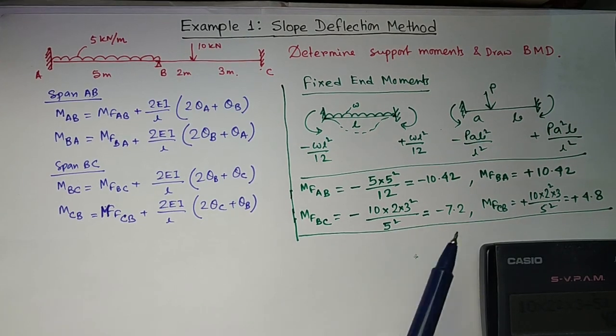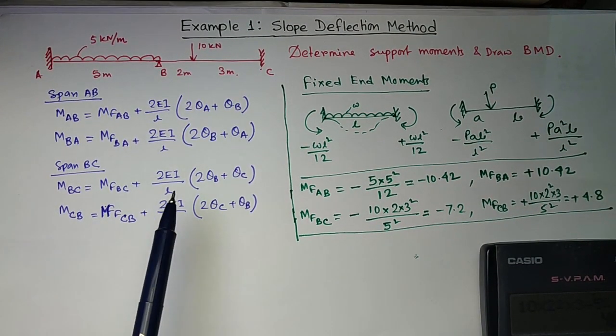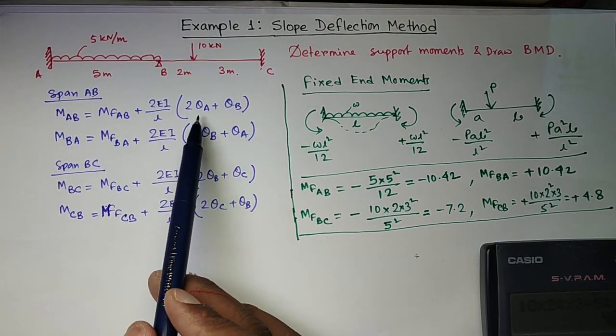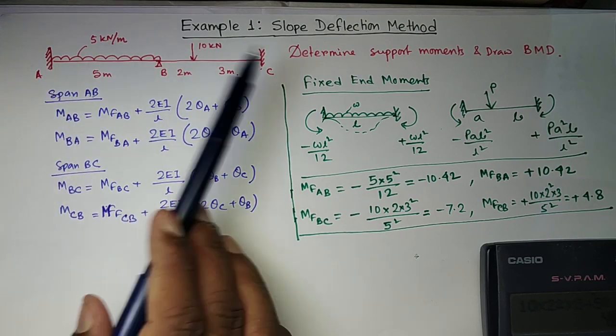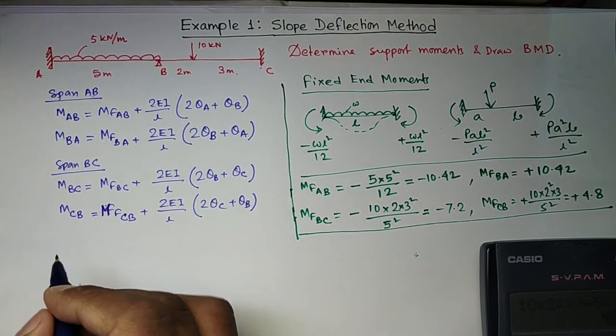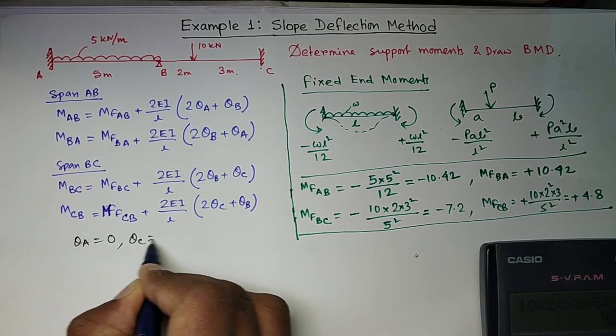You have to put these values of the fixed end moments into these equations, and you see that theta A and theta C will be 0 because A and C are fixed ends. So theta A equals 0, theta C equals 0.